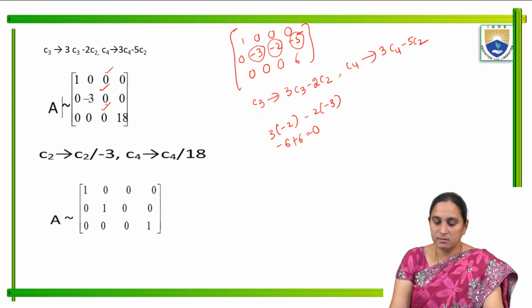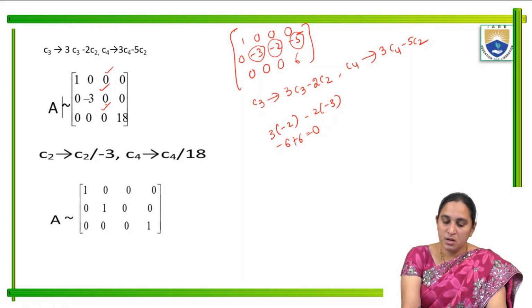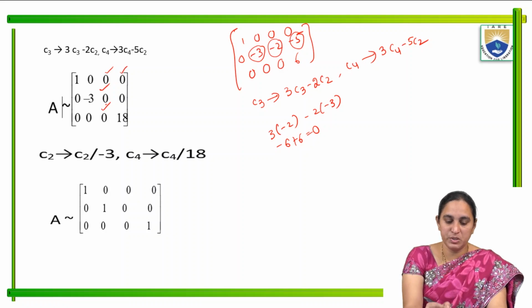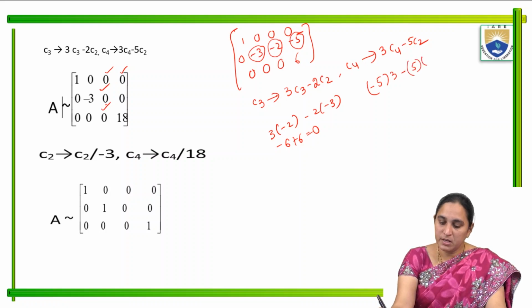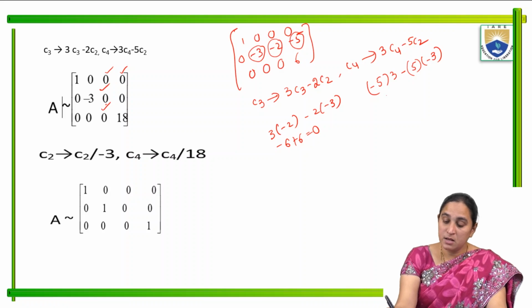And similarly, next C4 with respect to C2, that is 0 minus 0, 0. Next element here, minus 5 into 3, minus 5 into minus 3. Okay, that is minus 15 plus 15.